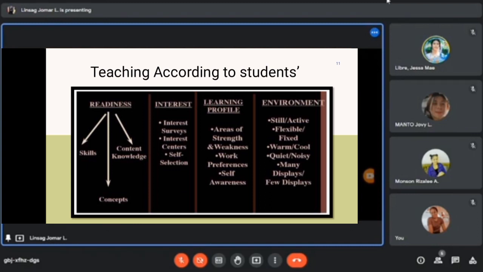When the teacher differentiates, these three factors of students' needs are to be considered individually or in combination.